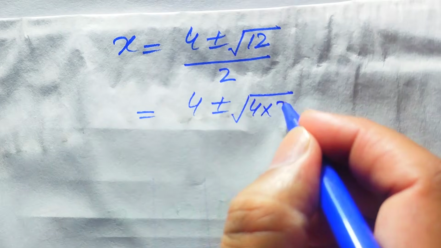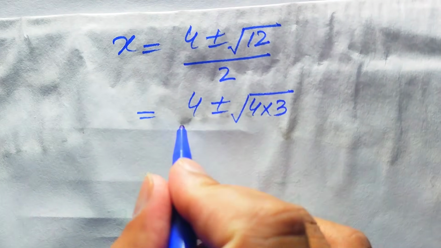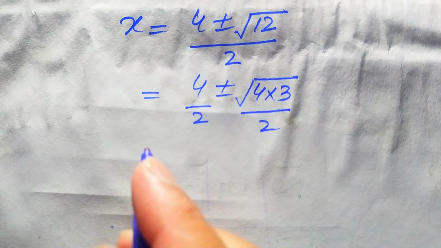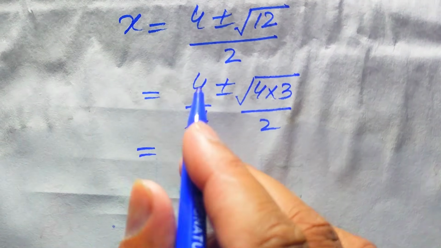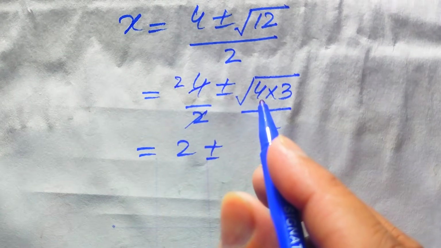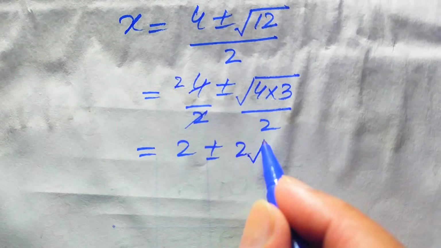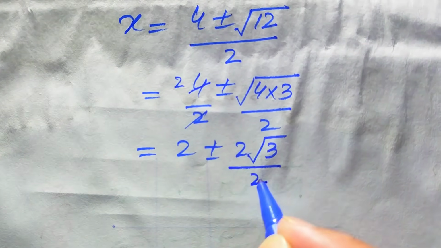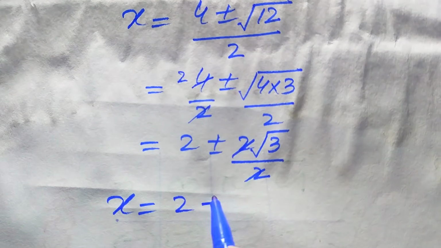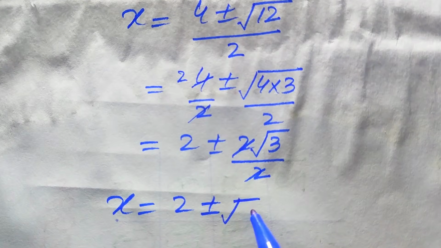We write 12 as 4 times 3, and here we break this fraction and write 2 separately under both of these values. We have 2 times 2 becomes 4, and we get 2 plus minus, we know that the square root of 4 becomes 2, and we get 2 times square root of 3 divided by 2. These 2 and 2 are gone, and we obtain x equals 2 plus minus square root of 3.